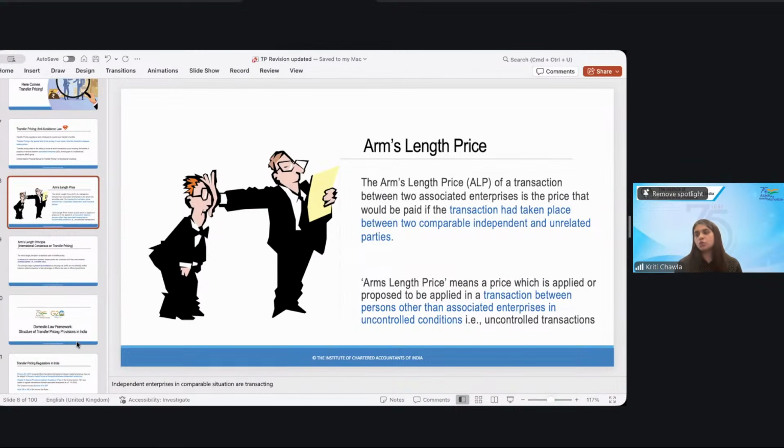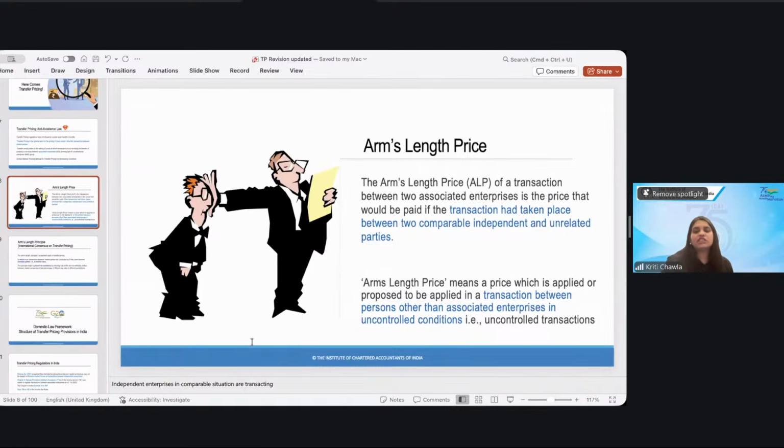So what you have to do is look at the transaction between independent parties. Is this transaction between independent parties comparable? It is comparable on the basis of those 5 comparability factors. So are these transactions comparable? If yes, then that independent party price is the arm's length price.